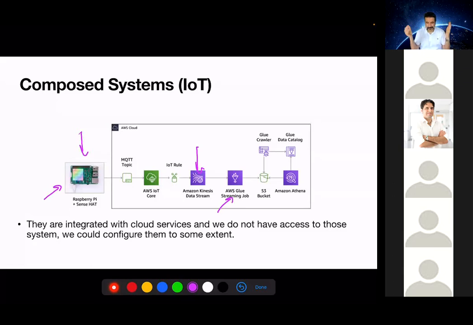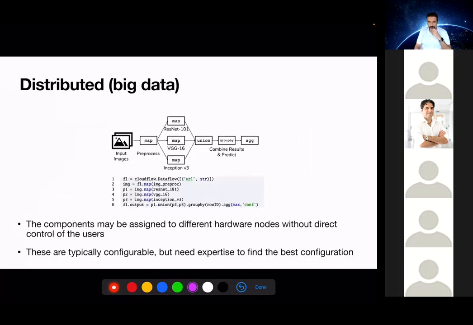Typically in these scenarios, we do not have access and we do not know what kind of microarchitecture is used for deploying these tasks at all. This is not under our control, and without any tool to explore these interactions it would be impossible, and very likely we would run into performance faults.